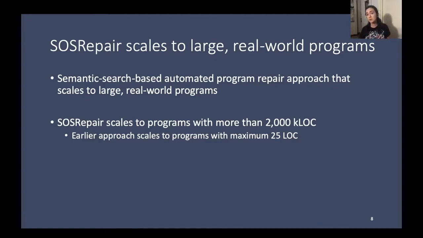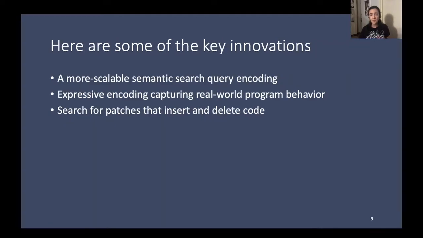To allow SOSRepair to scale to real-world programs, we had to rethink everything about this search approach and come up with innovations that allow the approach to scale. Here are some of the key innovations.